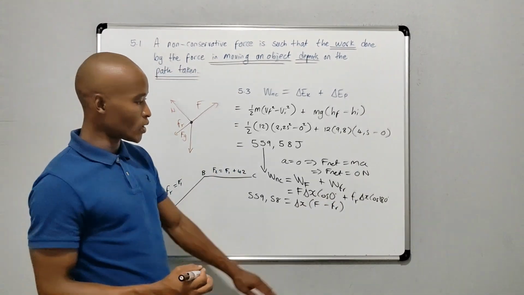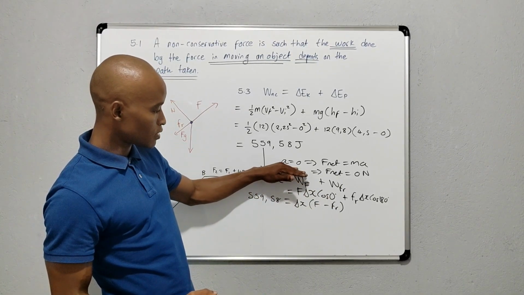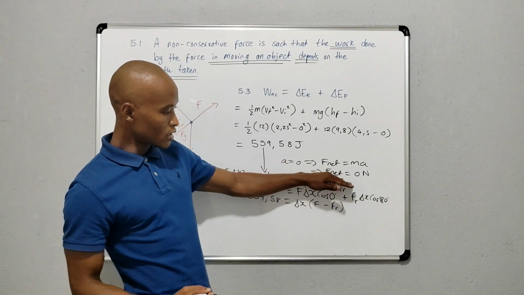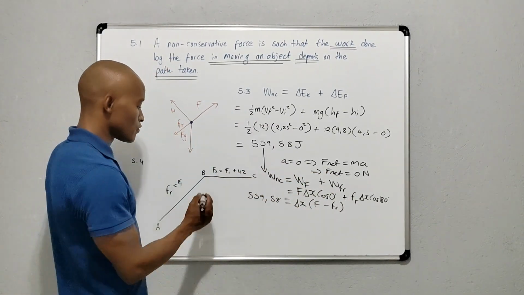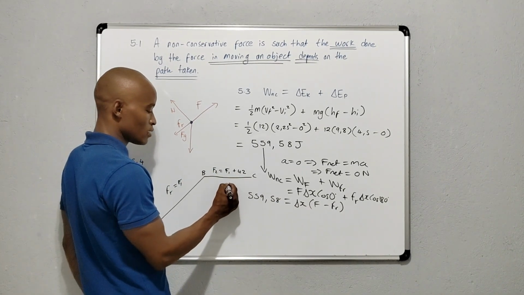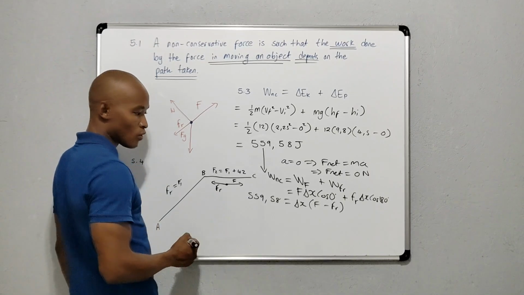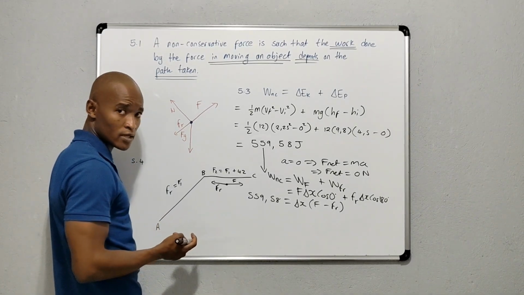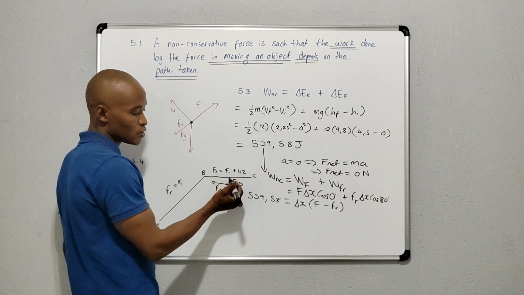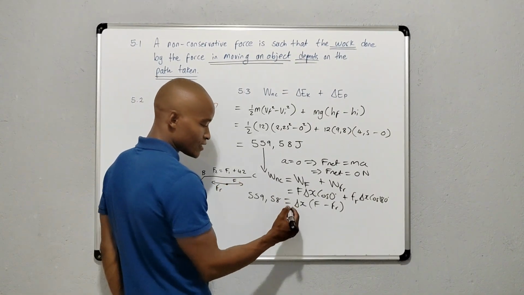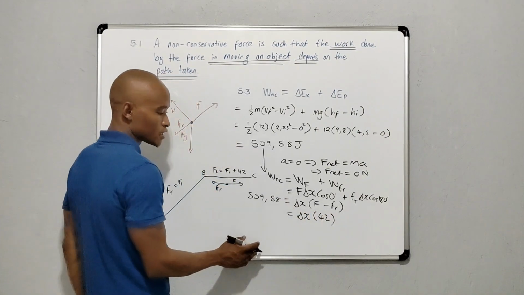Okay, so what are we told? That there is a constant velocity implying that acceleration is 0, the net force is 0. So when you subtract these two forces from B to C, okay, this F minus the frictional force, what must we get? 42, right? Because the frictional force here is 42 newtons larger than the original frictional force.